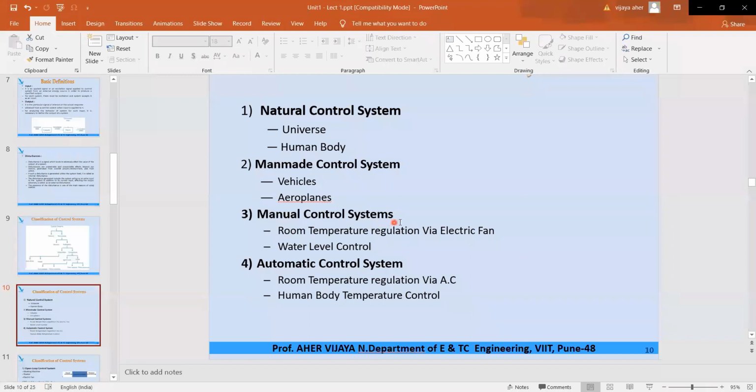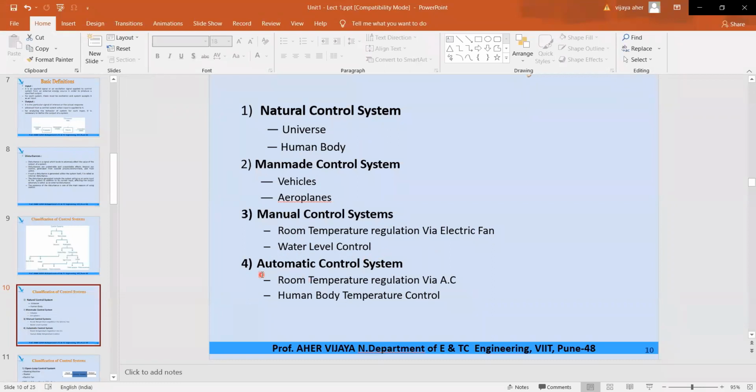Manual control systems. Example, room temperature regulation via electric fan is a manual control system. You can regulate the temperature of the room manually via electric fan. Water level controller is a manual control system.